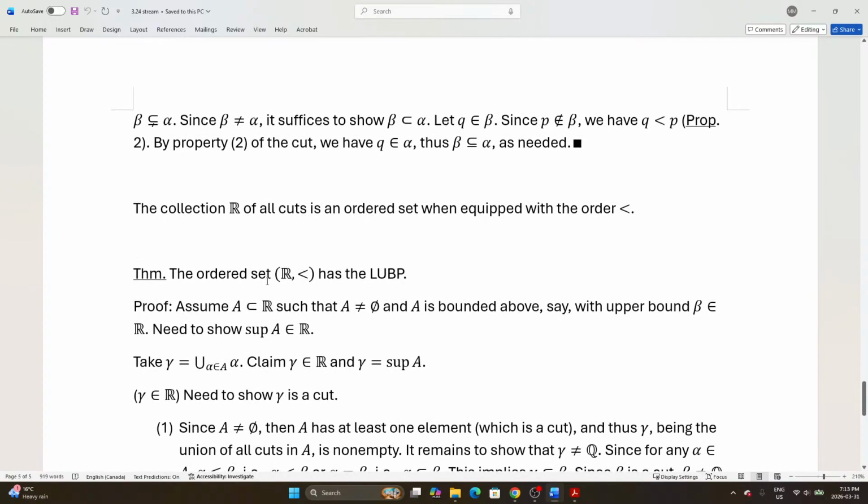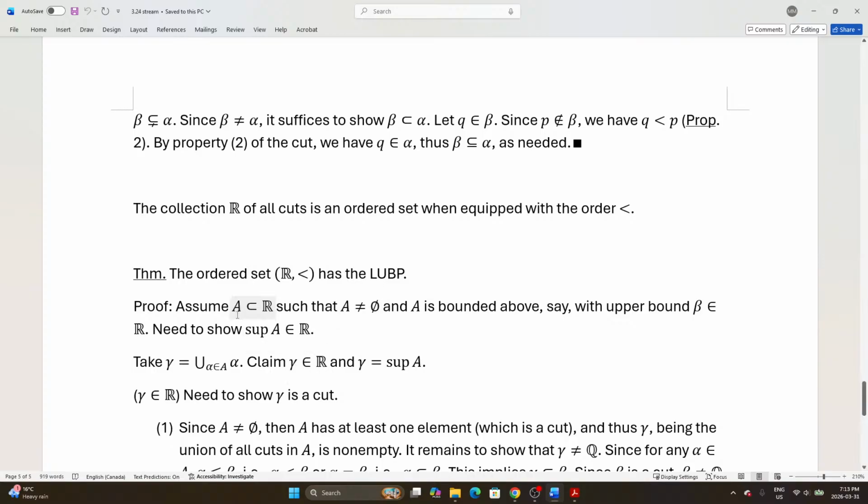We show that the collection R of all cuts equipped with that order relation satisfies the least upper bound property. The least upper bound property is absolutely crucial. This is the distinguishing feature of the reals versus the rationals. The rationals do not have the least upper bound property, but the reals do.